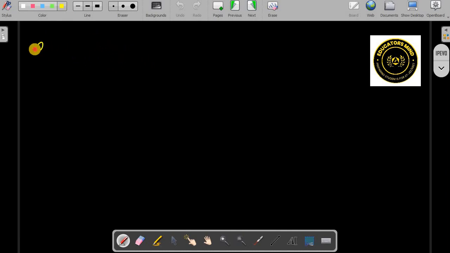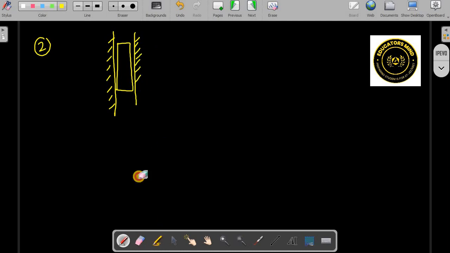One example, another example. Let's take that there is a block which can move only up and down. Let us say this is a block which can move only up and down, or maybe we should draw a small one like this. Only a portion of it I'm drawing.